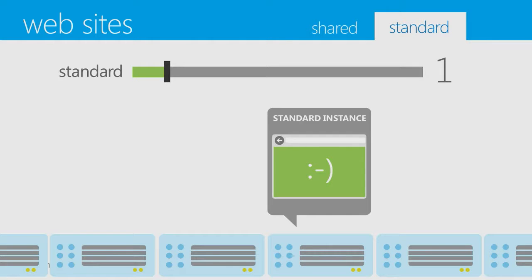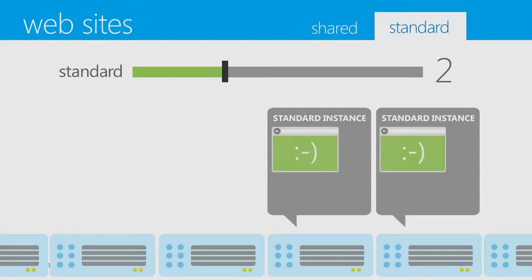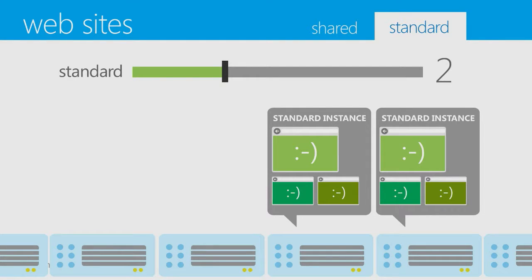With standard instances, you can also run multiple Azure websites on a single virtual machine that is dedicated to just your instances. For instance, you might have an image gallery for your research results, a blog, and a private content management system for your research team. You can put all three websites into the same virtual machine.